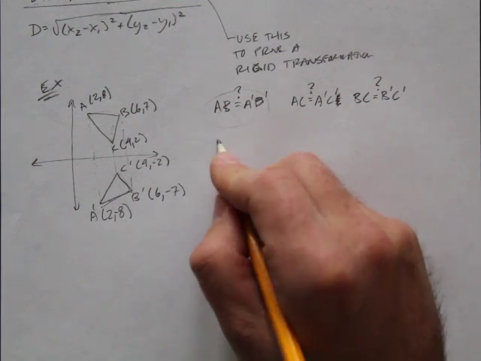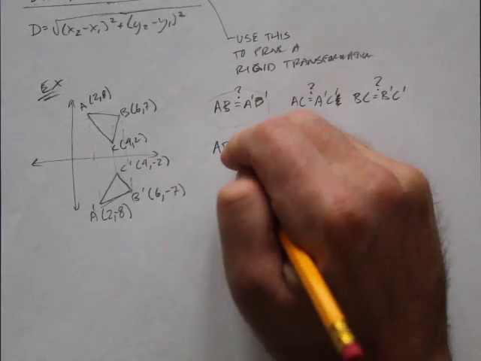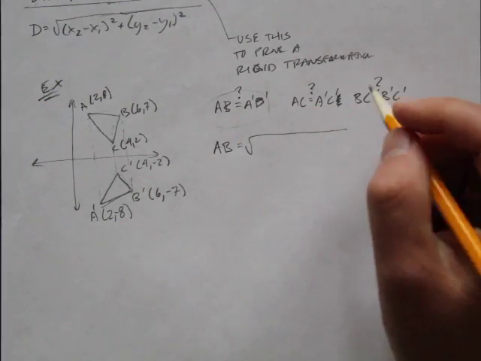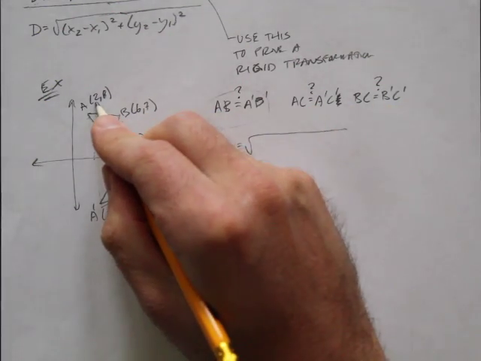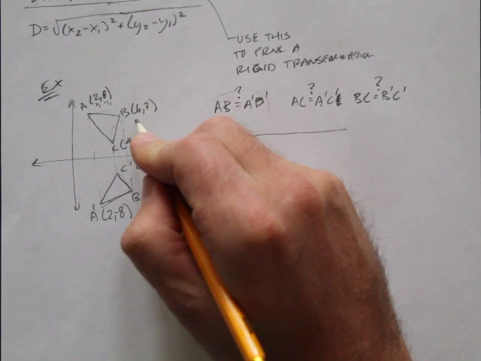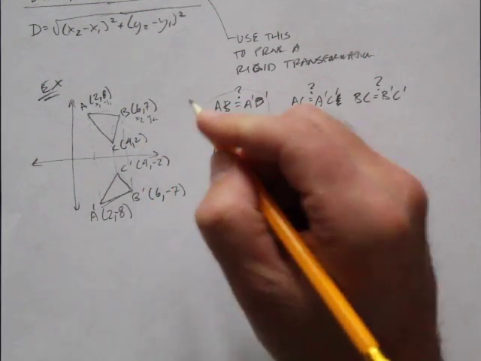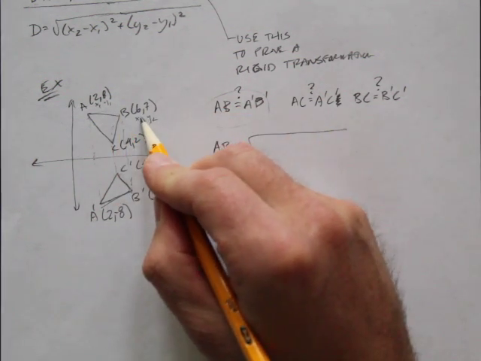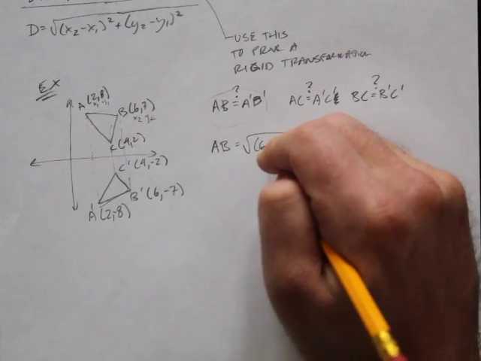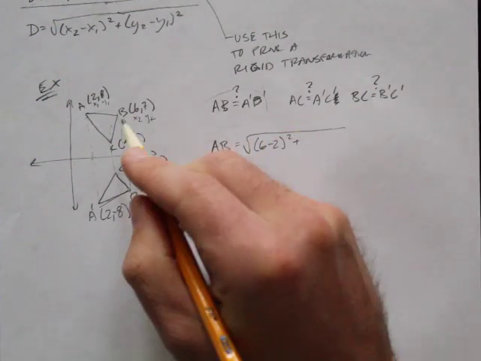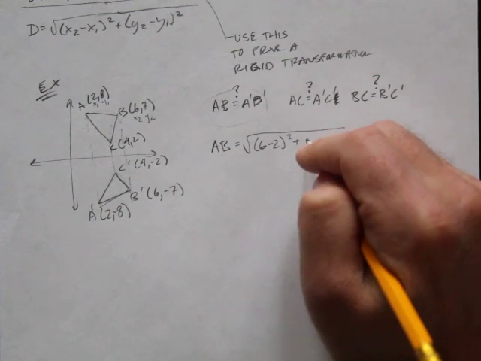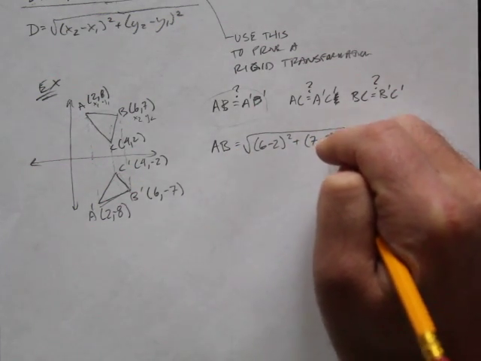Okay, so AB is the square root of, if A is x1, y1, and B is x2, y2, 6 minus 2 squared plus 7 minus 8 squared.